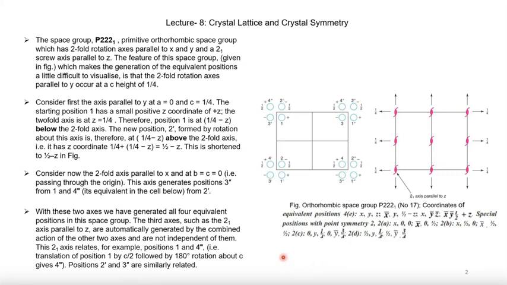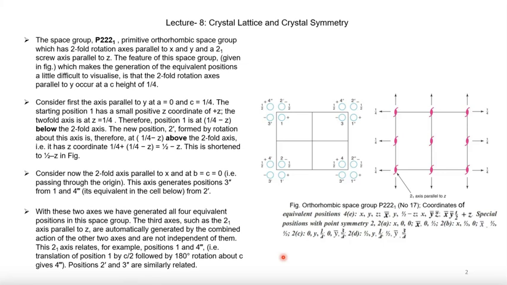Okay, now till now we have discussed three space groups: number 2, number 5, and number 17. And keeping these rules and regulations in mind, we can go to the International Tables and pick up any space group we want.